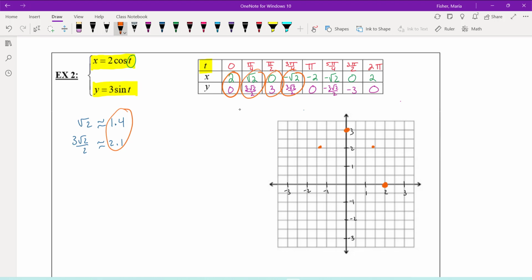And then we'd have negative 2, 0, and then negative 1.4, negative 2.1 is going to be about here, and then 0, negative 3, and the last one's right back at 2, 0.